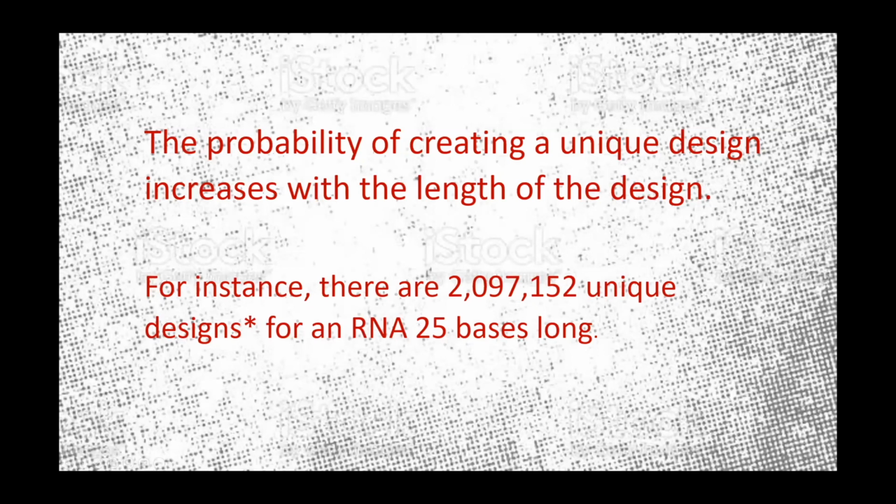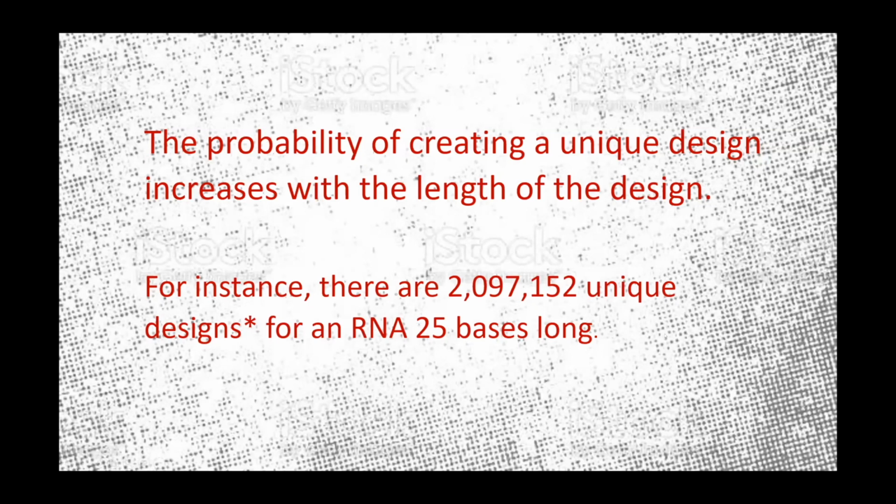And so, it turns out that adding a single base to the end of our RNA really makes a big difference. By the time you get to 25 bases long, there are over 2 million unique designs that can be made for an RNA of that length. A number which approximates something that I struggle to wrap my mind around.